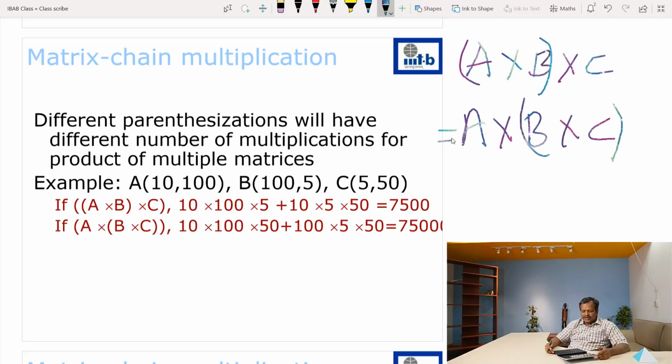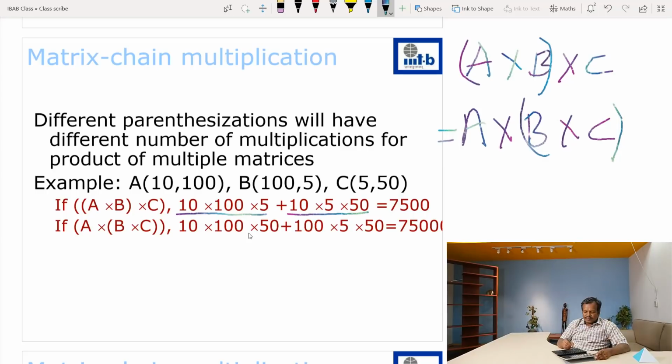If I choose the first method, where I multiply A and B, since A is of size 10 into 100 and B is 100 into 5, the total number of multiplications required is 10 into 100 into 5, which is 5000. When I multiply A into B, I get a matrix of size 10 cross 5. Now if I have to multiply with C, which is 5 cross 50, the number of multiplications involved in multiplying C to the right will be 10 into 5 into 50.